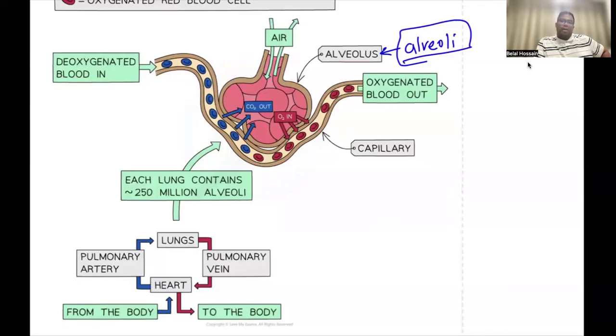Do you understand why we need such a big surface area for diffusion? Yes, sir. So more surface area means those oxygen molecules bumping into it will bump in even greater number, and more oxygen will be able to get in. And more carbon dioxide consequently will be able to leave.